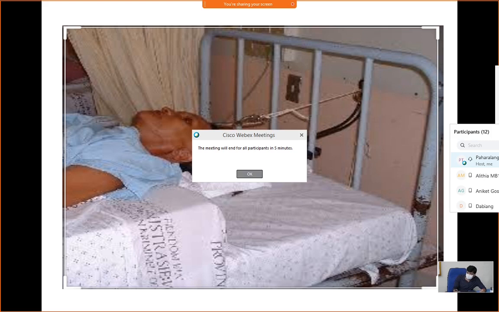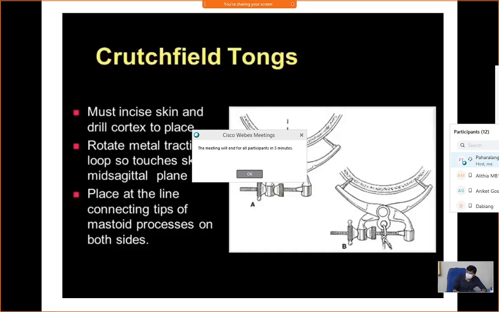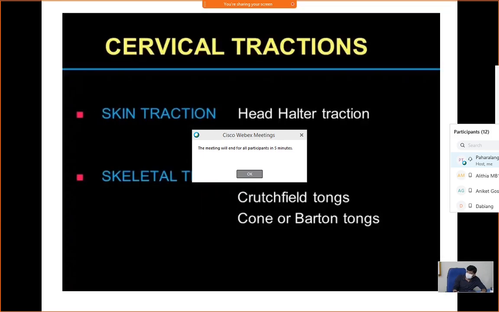Here you can see that it has gone through the skin and bone, and is attached to the pulley, and weight is there. Weight cannot be seen due to the bed. You can hang up to 15 kg of weight with these tongs. This is cervical traction. One is skin traction, cervical head halter; skeletal traction is Crutchfield tongs or Barton tongs.